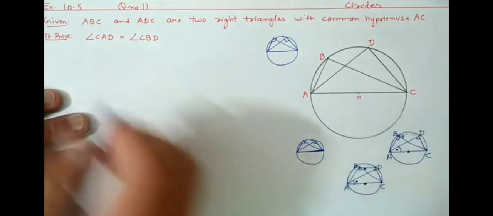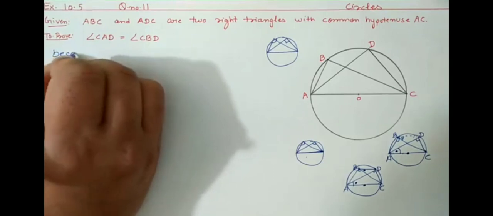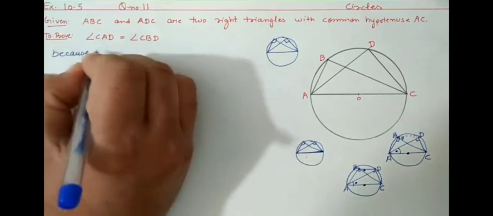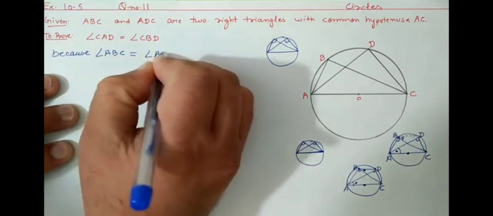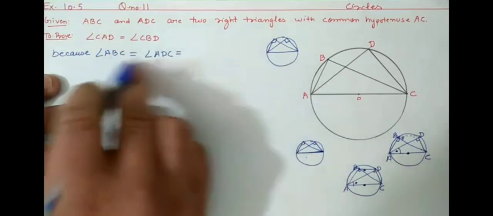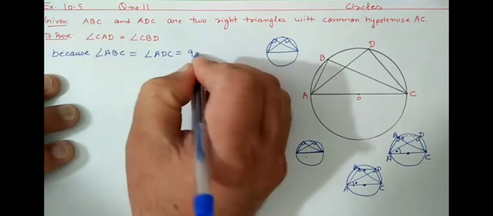So we will use this theorem. Write down, because angle ABC equals angle ADC equals 90 degrees, it is given to us.